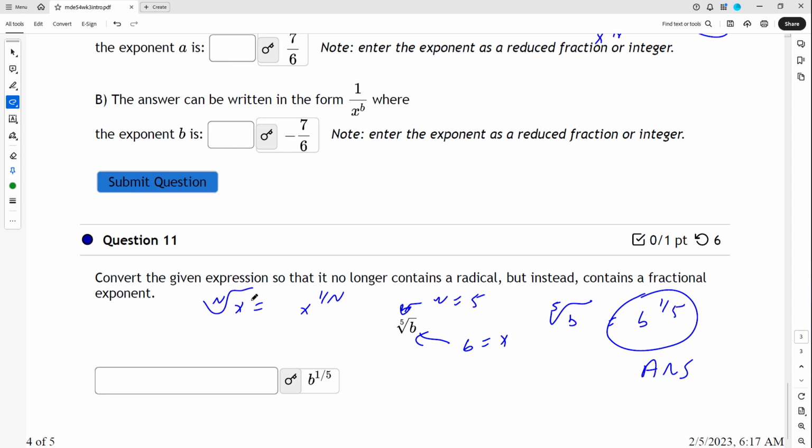So I'm using this rule here. In this case, the b is the x and the n is 5. So now we'll rewrite it using this rule here. My b is x. I end up with x raised to the 1/5 power for my final answer. And that is the end of that one.